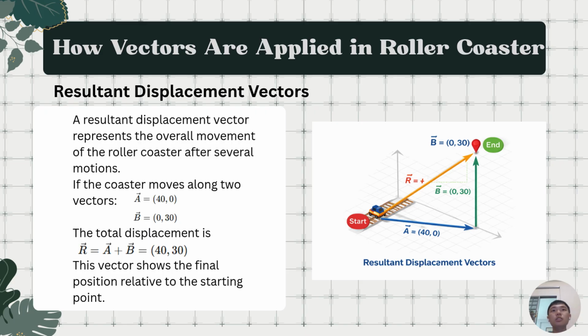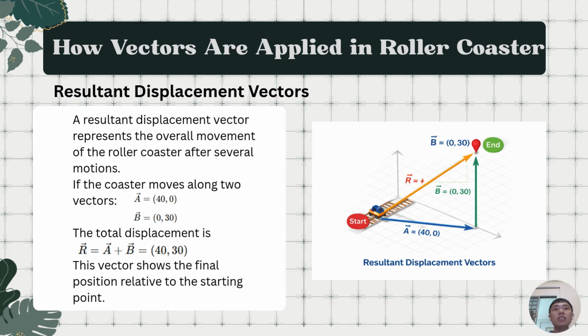Then, the third important concept is the resultant displacement vector. In many situations, an object doesn't move in only one single direction. Instead, it may move through several directions or sections. In this case, we can combine these movements using vector addition.